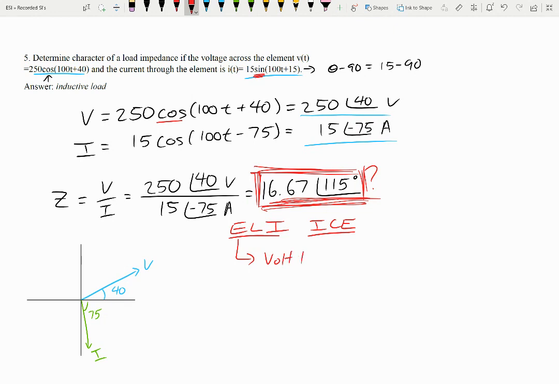The voltage leads the current. Let's look at our graph. The voltage is ahead of this current. So that checks out. So we're looking at an inductor here, an inductive load.